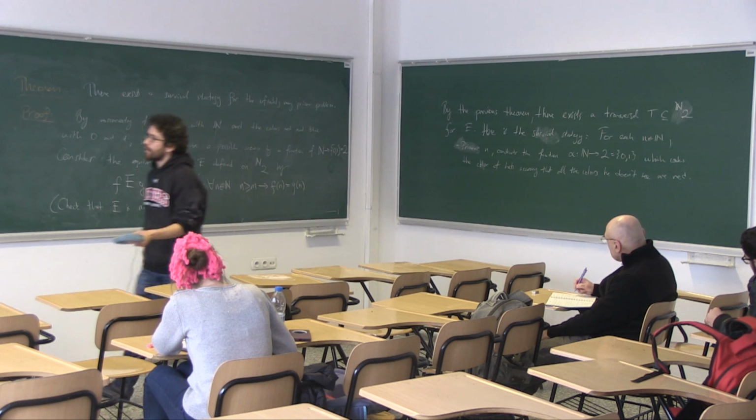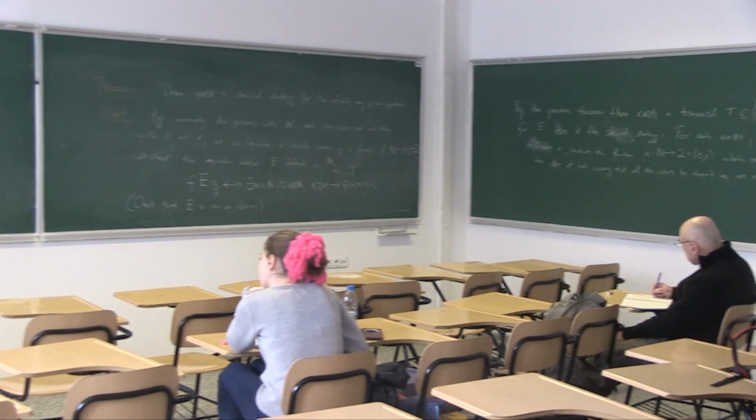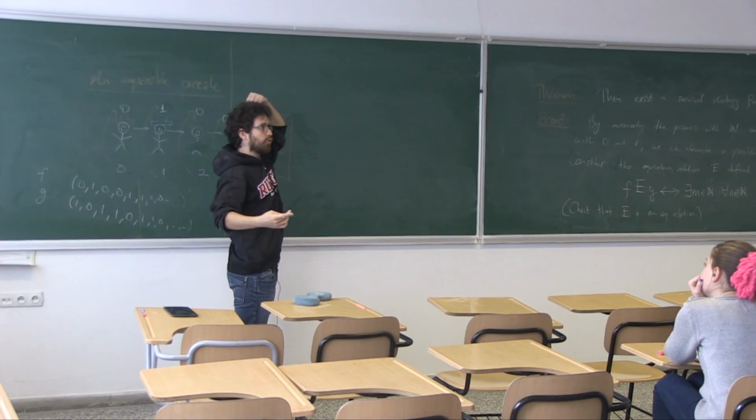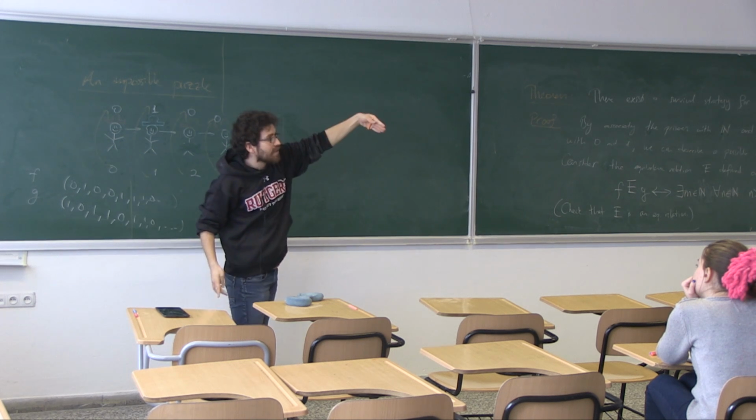So I'm prisoner number, let's say, 3. I don't see these 4 hats, but I see all the other hats. So what I do is this. I simply assume that all the colors I don't see are red, okay? So I'm assuming that my hat is red, everything behind is red, and I'm looking at all these colors.